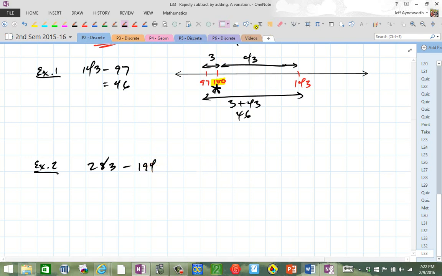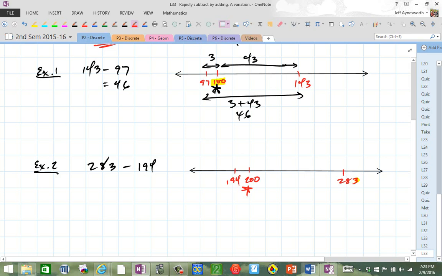So let's draw a number line and illustrate. We understand that 200 is between these two numbers. It's bigger than 194 and less than 283. So let's say that 200 is here. Here's our reference point. 194 is to the left of it, it's smaller. 283 is way over here somewhere to the right because it's obviously 83 bigger than 200. So all you have to do is ask yourself, how far away is 194 from 200?